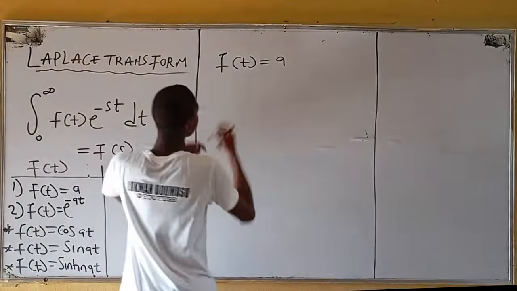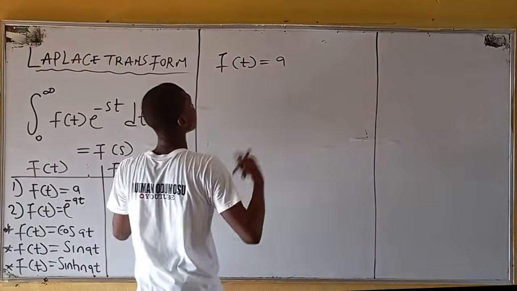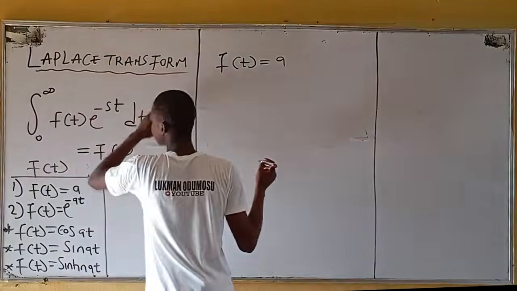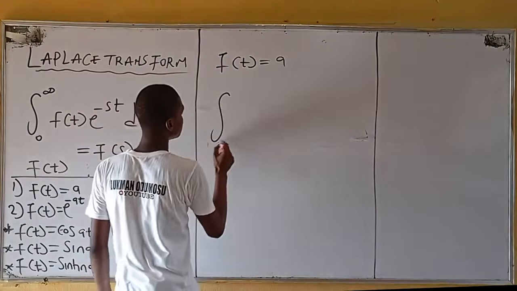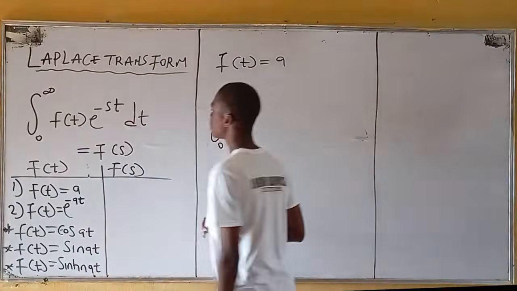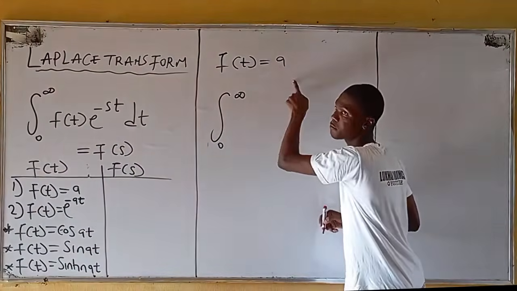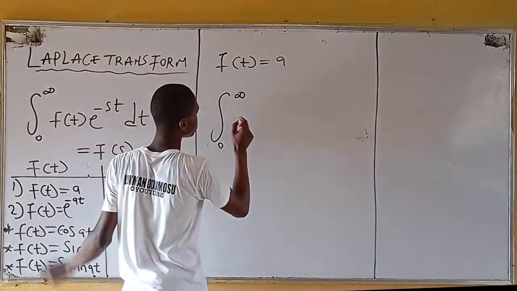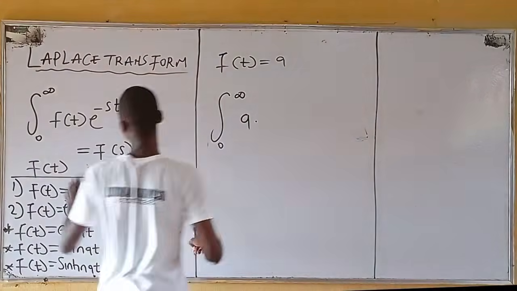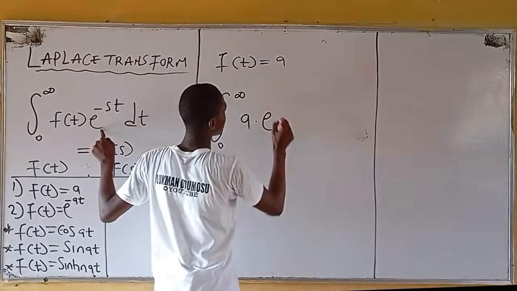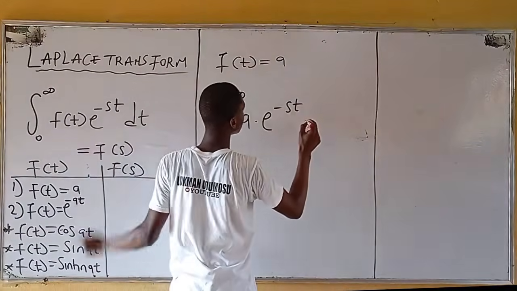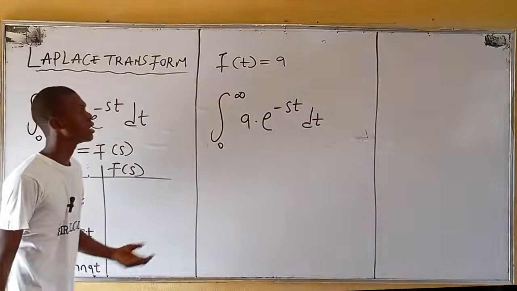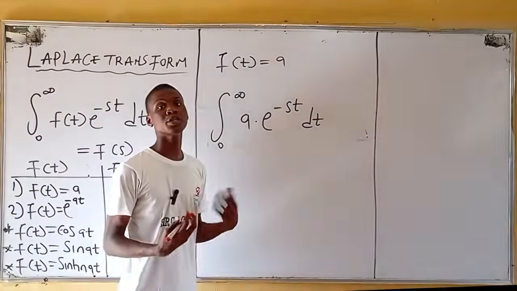Now, I'm given that f of t is equal to a. I want to perform Laplace transform. I then have the integral from 0 to infinity. In this case, what's my f of t? It's a, so I'm substituting a multiplied by exponential negative st dt. Now, from here, perform your integration.